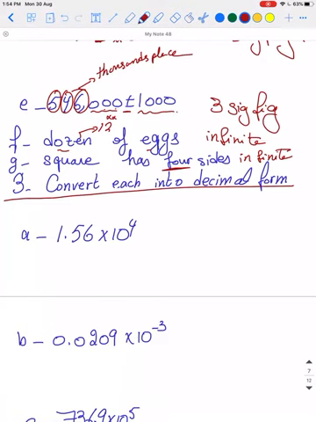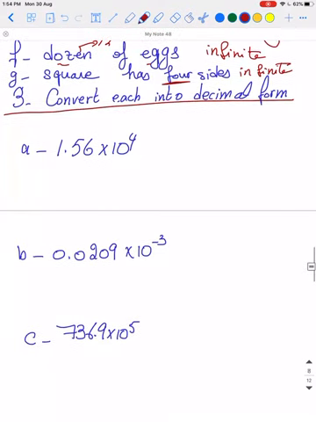Number 3, convert each into decimal form. Here the power is positive, so the point is displaced to the right 4 times. So 1, 2, 3, and 4.